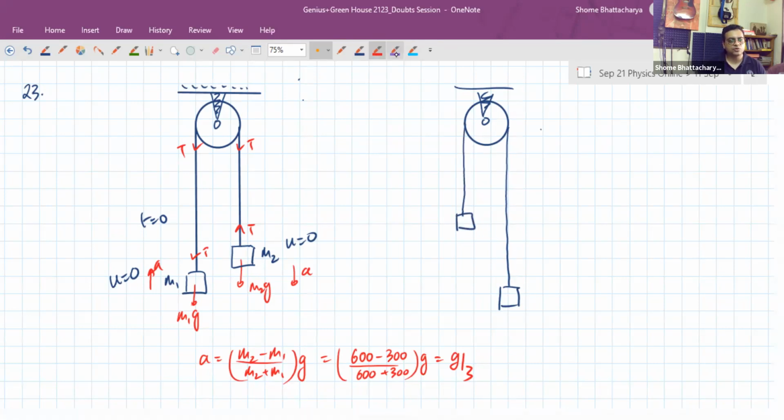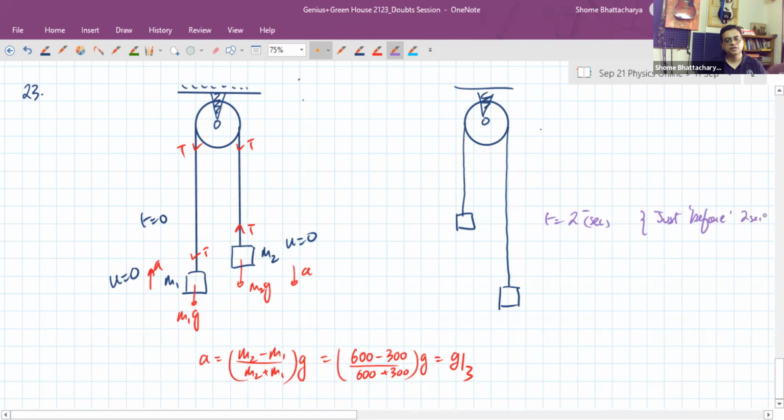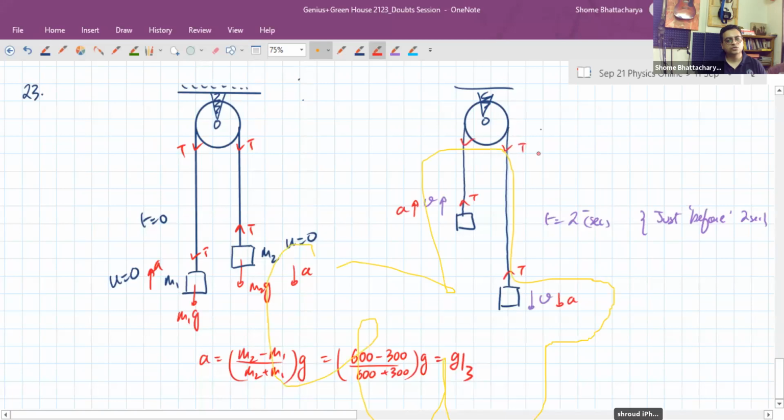Displacements are not so important, but at t equal to 2 minus, I'll write this. 2 minus means just a fraction of a second before 2 seconds when I hold that block. At that point of time, this is having a velocity v, this is having a velocity v, and obviously they have the same accelerations as before. And the string is maintaining the same tension, which, by the way, if you require, you can always solve for.